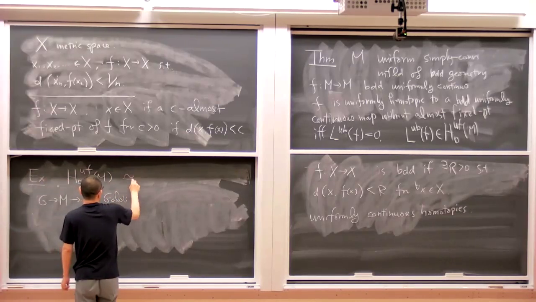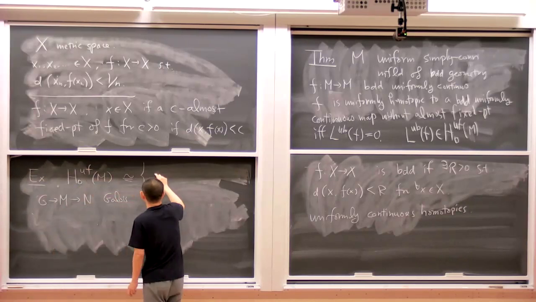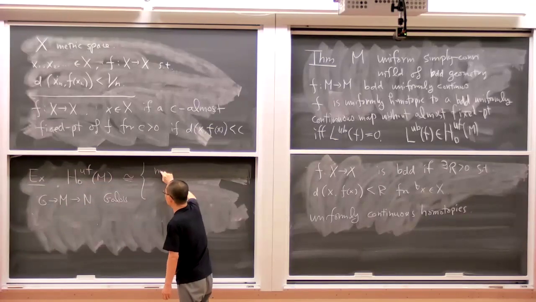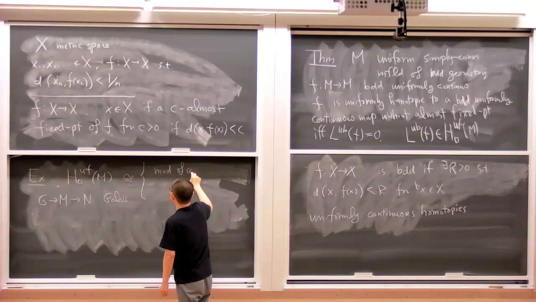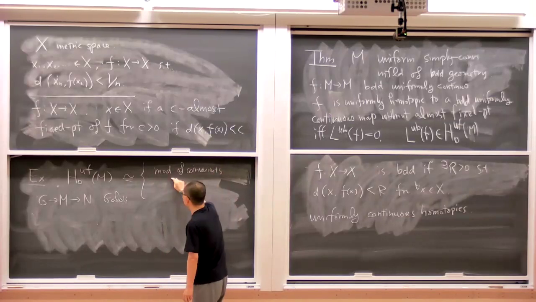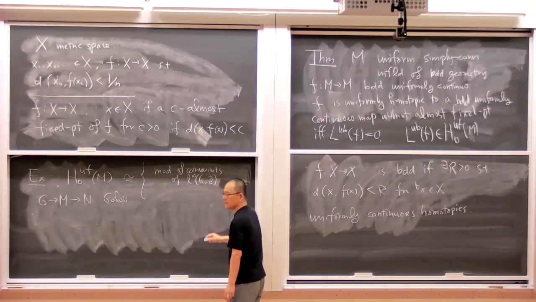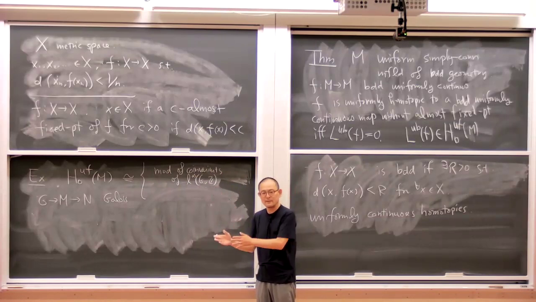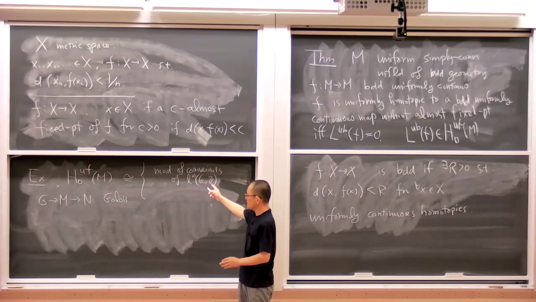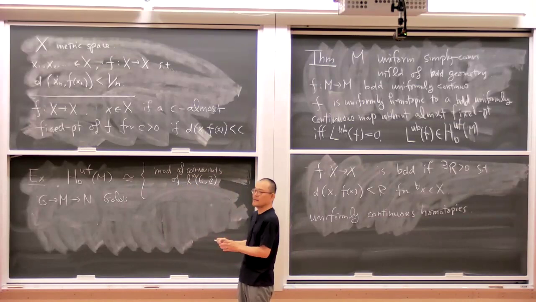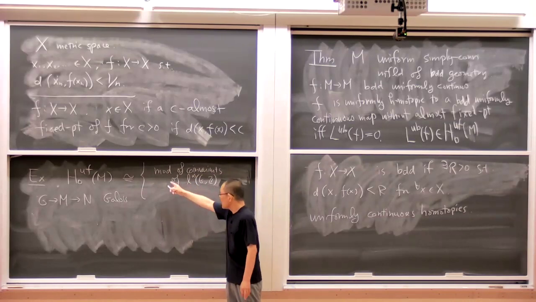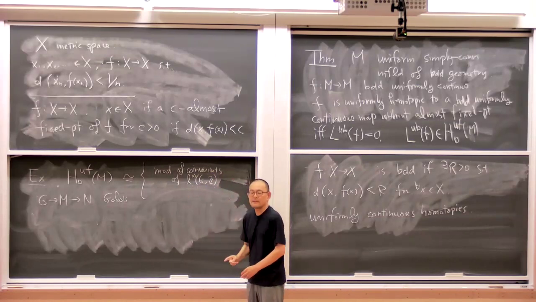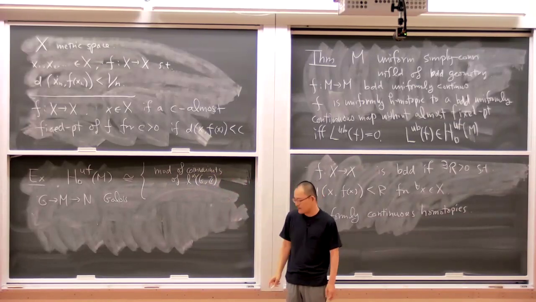Then this is isomorphic to the module of coinvariants of L infinity(G, Z), the set of bounded functions from G to Z. G acts on this module by translation, and the module of coinvariants is taken with respect to this action.